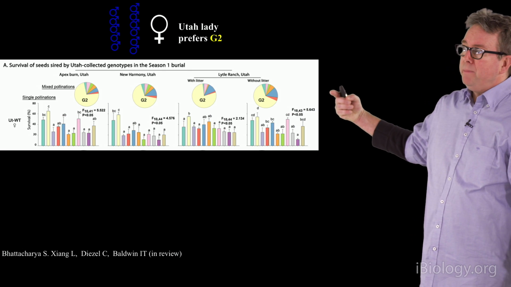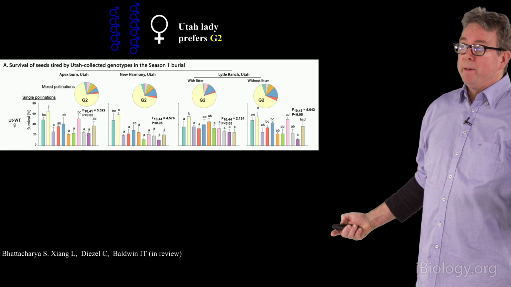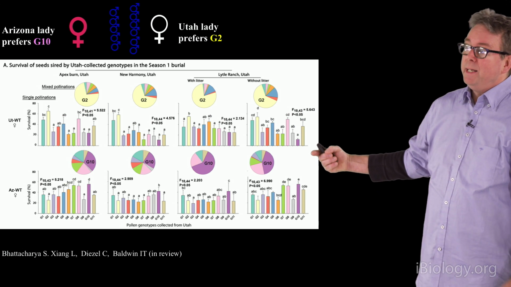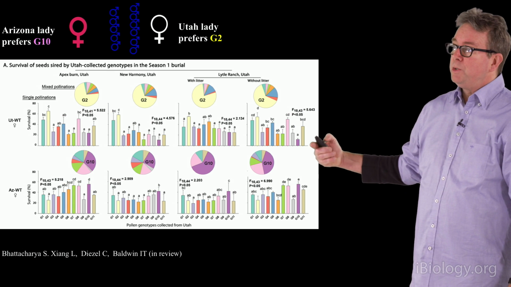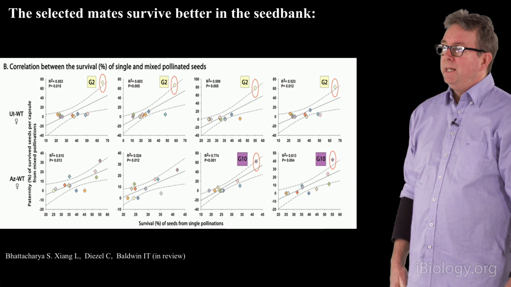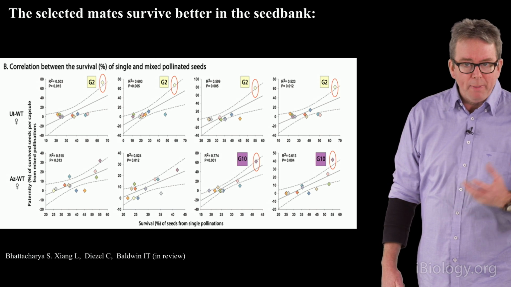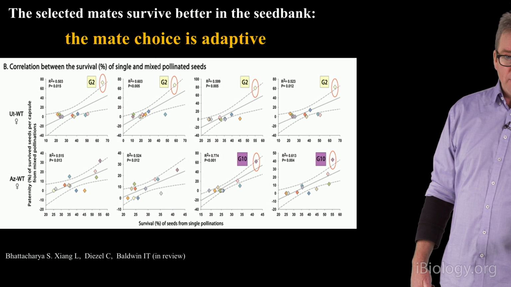They survive better in mixed pollinations, they survive better in single pollinations. And remember the lady from Arizona? She liked G10, and G10 survives much better in at least two of the burial sites, much better in single as well as in mixed pollinations. So it's pretty clear that the selected mates survive better in those seed banks, and we can infer from that that this mate choice is adaptive.